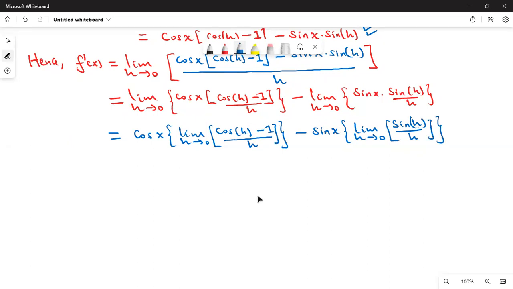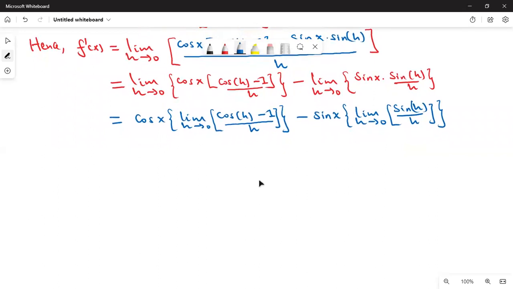Now, I want us to take note. We are going to write a note here that the limit of cos h minus 1 over h is always equal to 0. And the limit of sine h over h as h approaches 0 is always equal to 1.